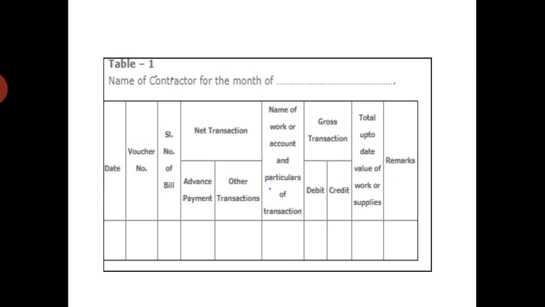Based on the remarks of the contractor, the remarks will be given by the higher authorities. So there is remarks by the contractor, and one more column, remarks by the authorities. You can add one more column: remarks by the contractor and remarks by the higher authorities.